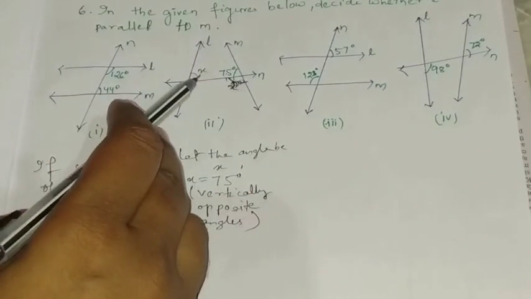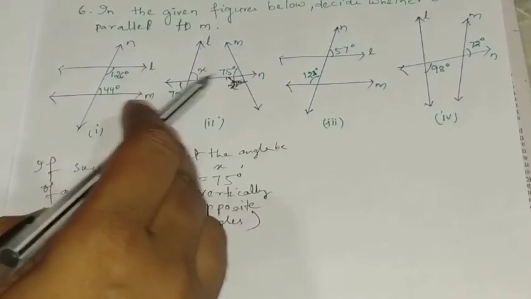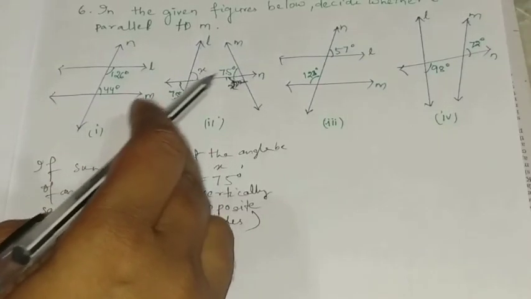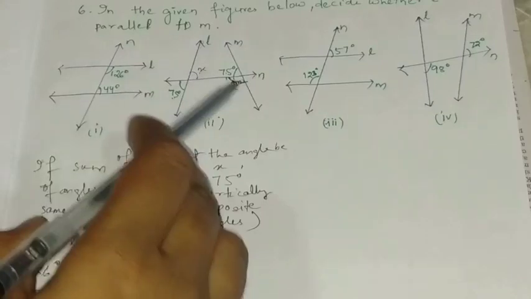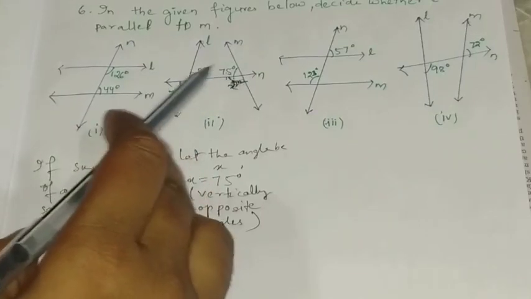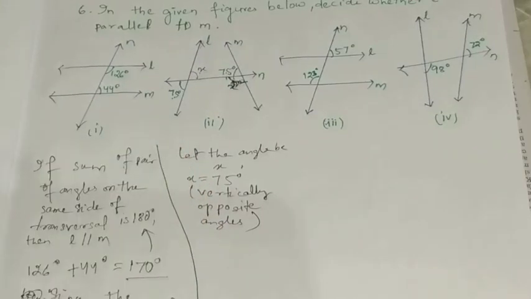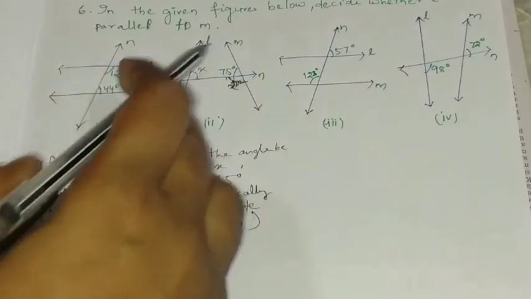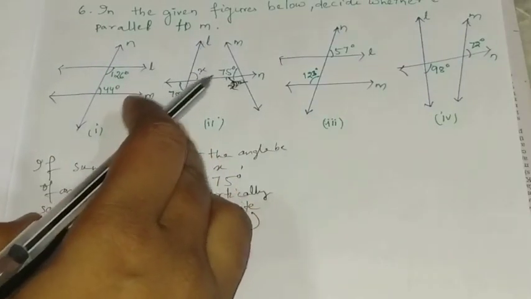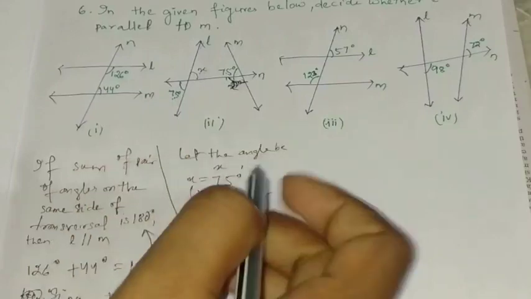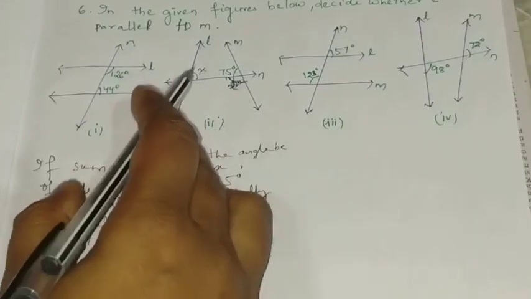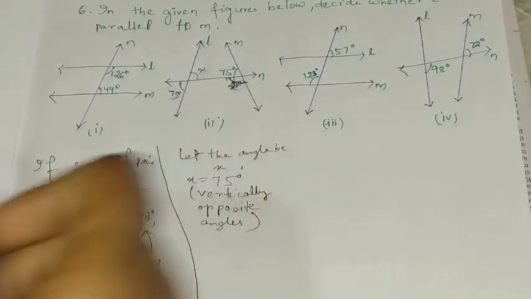Next we got this one 75, and these are what? These are a pair of angles on the same side of the transversal. So the sum would be 180 degrees.